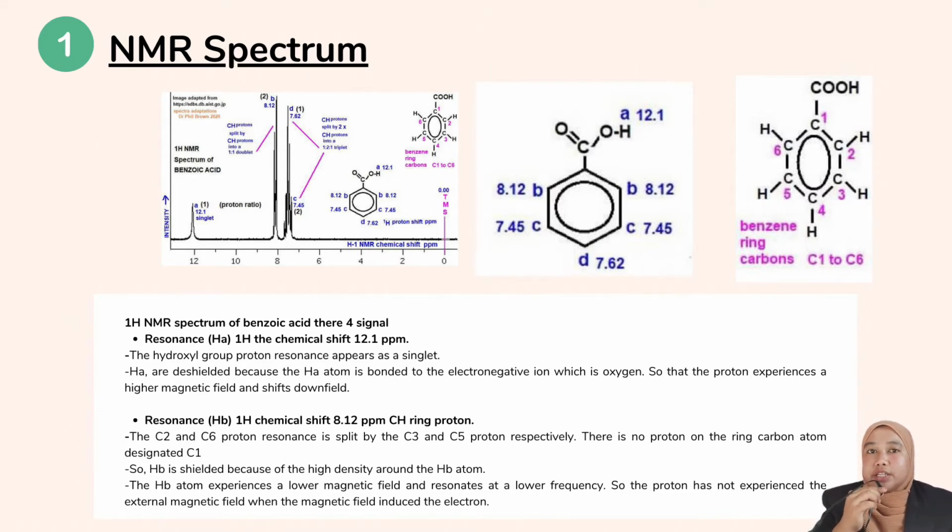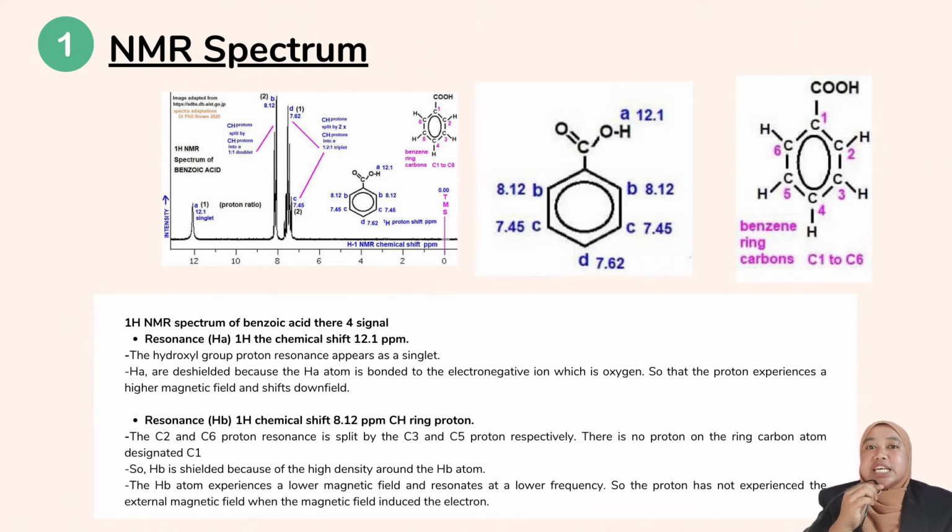The resonant chemical shift for HC is 7.45 ppm. The C3 and C5 proton resonance is split on either side by the C2 or C6 proton and by the C4 proton into a triplet, while the resonant chemical shift for HD is 7.62 ppm. The C4 proton resonance is split on either side by the C3 and C5 protons into a triplet.